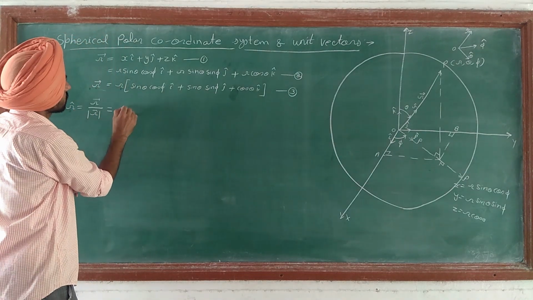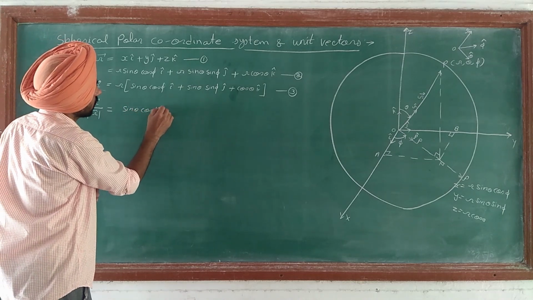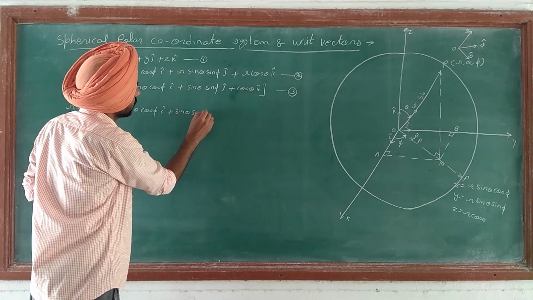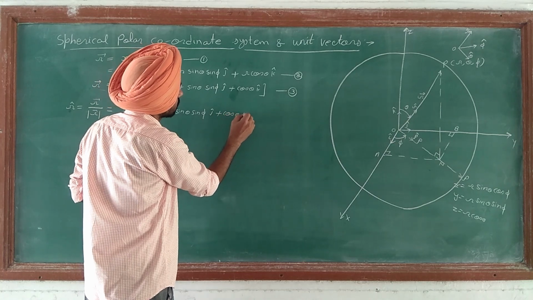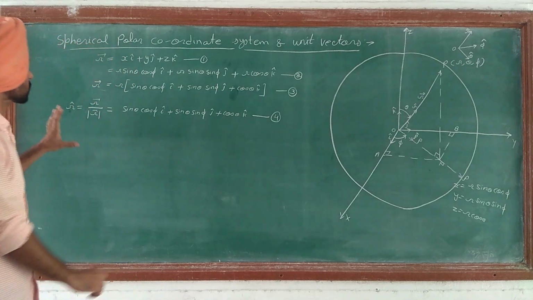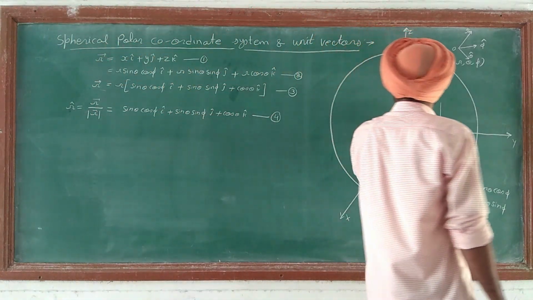Then it will be sin theta cos phi i cap plus sin theta sin phi j cap plus cos theta k cap. That will be equation number 4. This is the simplest method to find the unit vector r cap.